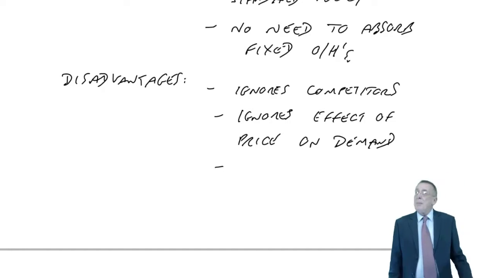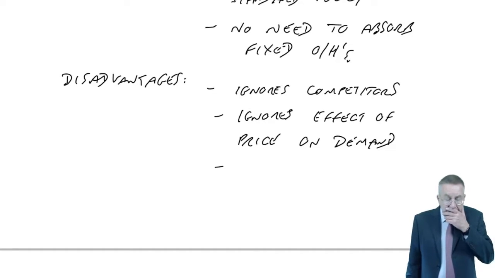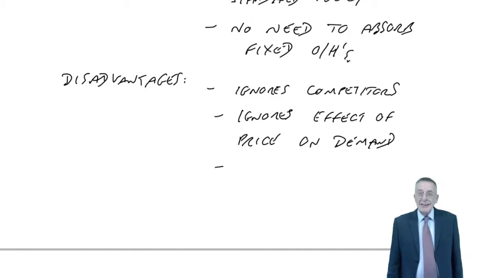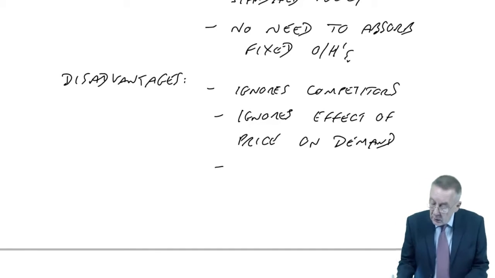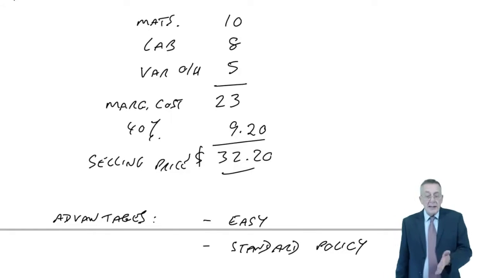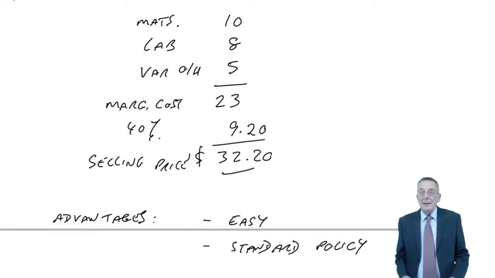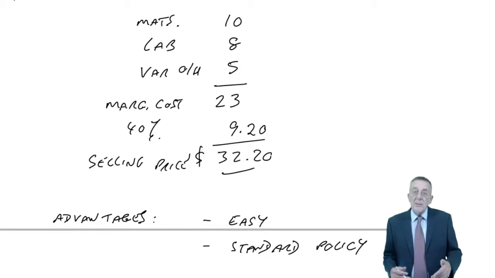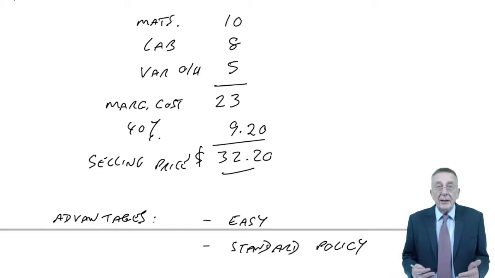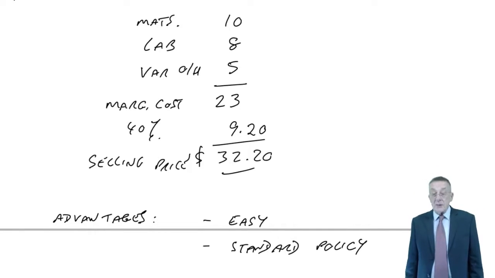But another big problem, these fixed overheads. Of course, I'm saying here, add on 40%, we're making $9.20 on every unit we sell. But the final profit, remember, $9.20 will be the contribution. For the final profit we'll have to subtract the fixed overheads of 50,000.